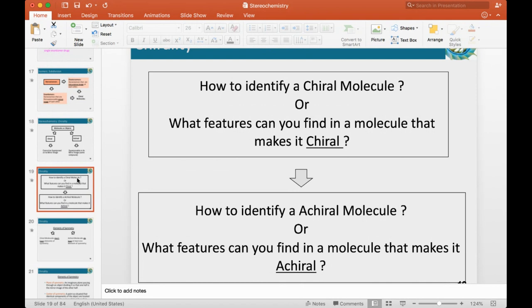How can you identify a molecule and say this molecule is chiral for sure? And the opposite, how can you identify a molecule that is achiral, or what features could you potentially find in a molecule that will make it achiral? Okay, this is important because once you see a molecule, you can quickly classify it into chiral and achiral and start thinking about potential stereoisomers.